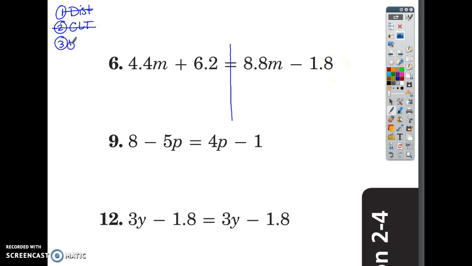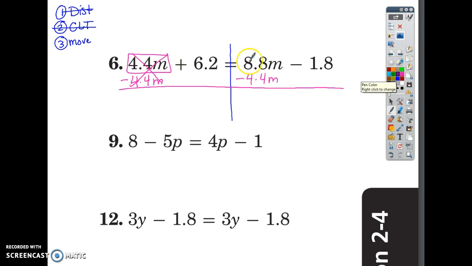Step 3 is to move the smallest variable. So which one is the smallest variable? It's the one that's 4.4 M. Remember, the smallest variable has to have a letter. So to get rid of 4.4, you have to subtract 4.4 M from 8.8 M. So this can cancel, it goes away, and you moved it to the other side.